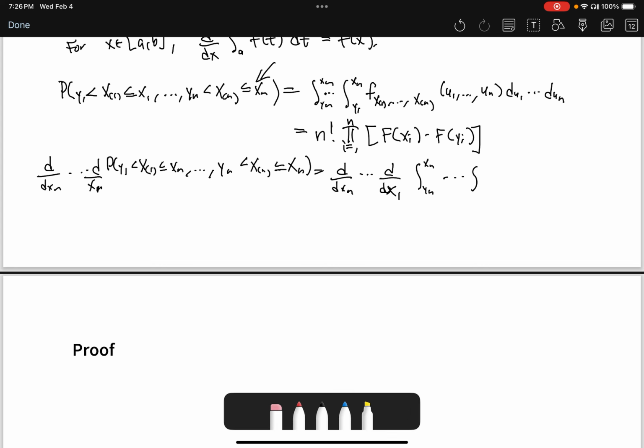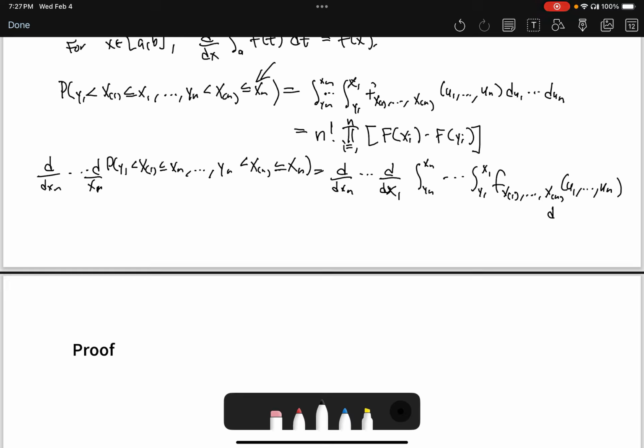And actually, I just noticed this should be up to x1, so y1 up to x1 of this PDF of the n order statistics, which we don't know yet, but as we'll see, it's going to fall out.